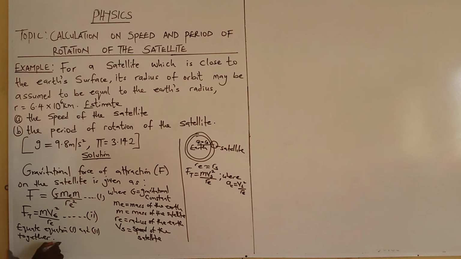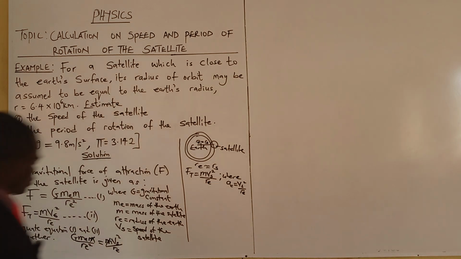When you equate them together, you have G ME m over RE squared equals m vs squared over RE. The mass cancels the mass.